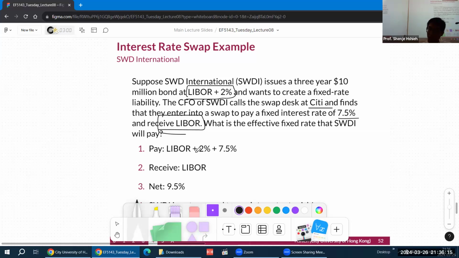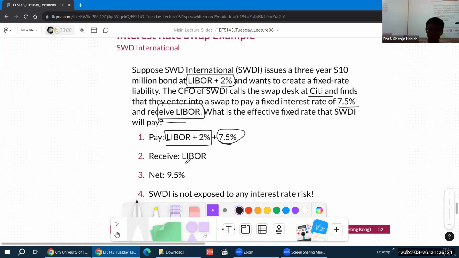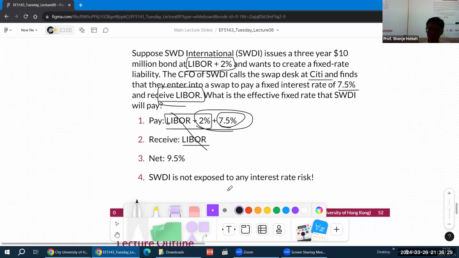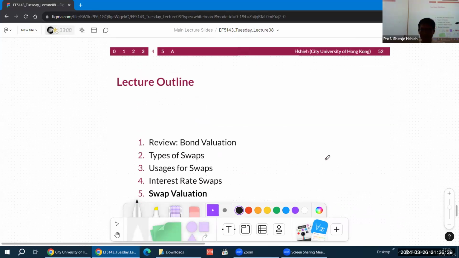They pay LIBOR plus 2% plus the fixed rate, and receive LIBOR from the swap with Citibank, so their final payment is just 7.5 plus 2. So no more variable interest rate risk, right? They still have duration risk.